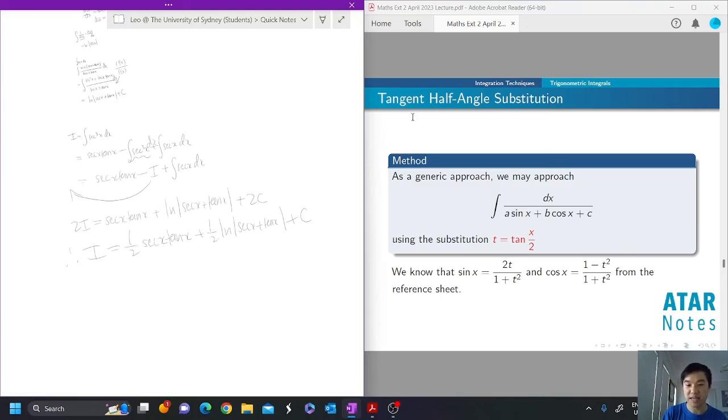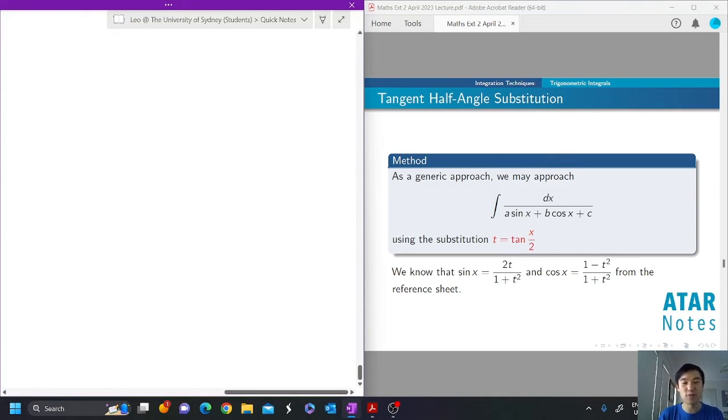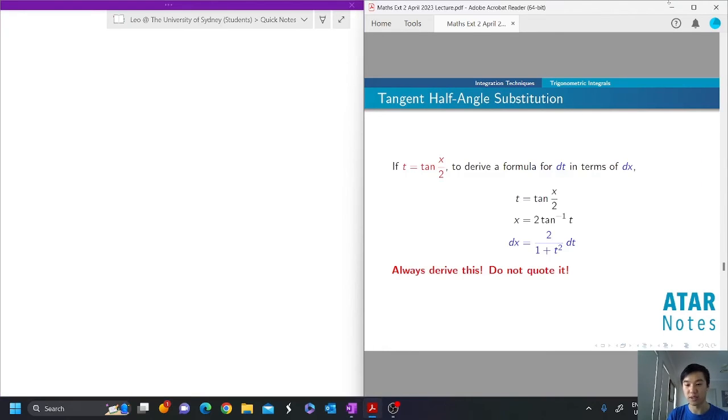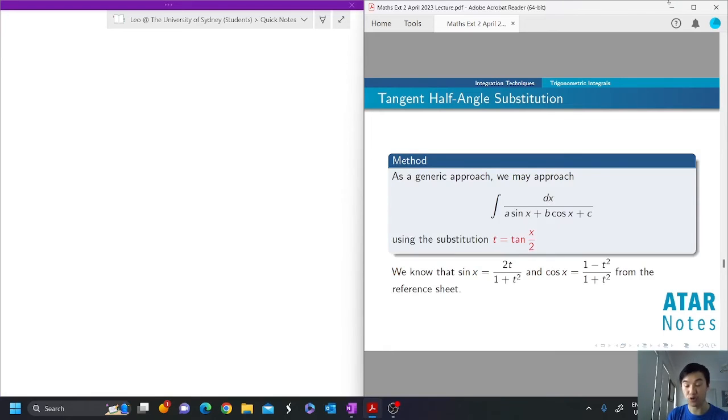Another way you can integrate is, remember when you learned about the t formula in Year 11 Extension? Well, another application of the t formula is actually with integration, because if you have an integral which has sin and cos in the denominator or something like that, you can just let t be equal to tan x over 2, then use your t formulas to replace it, and then it will help you do the integral.